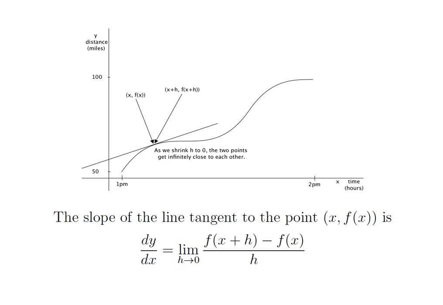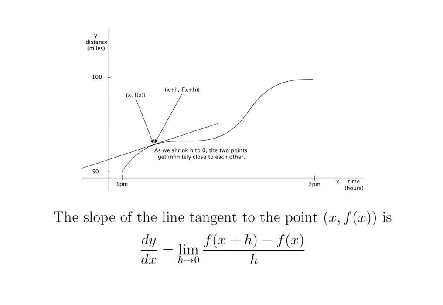Looking at our graph again, at the point x, f of x, we've shrunken h infinitely close to 0, and we've drawn a line tangent to the graph at that point. So in reality, it's really 2 points that are infinitely close to each other. We need 2 points to have a slope, but we're going to pretend that they are so close that it's almost exactly the same as 1 point.